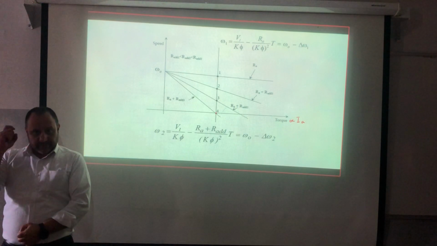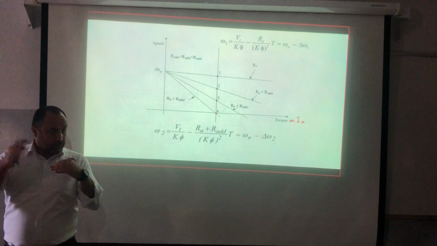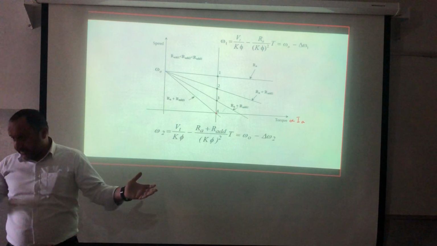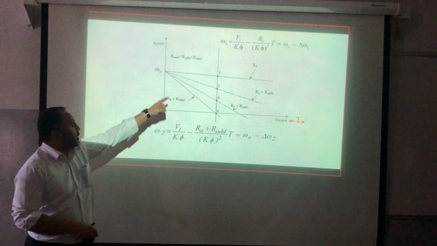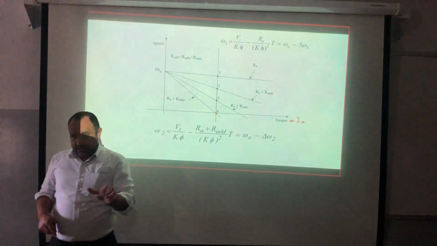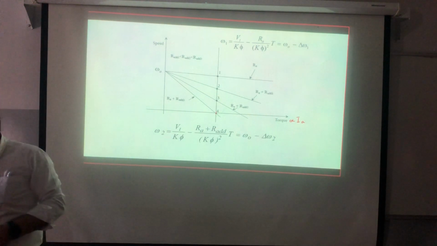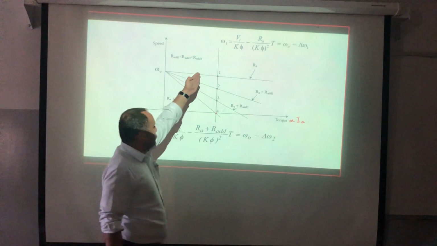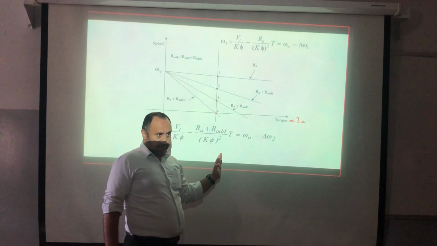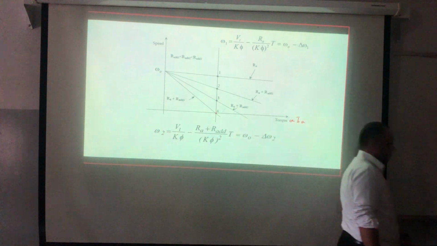I need to run the machine, but I need to engage some kind of mechanism to limit the current from start until reaching speed, such that the current in the machine is never allowed to exceed twice the rated, and let's assume that this line is the rated value.